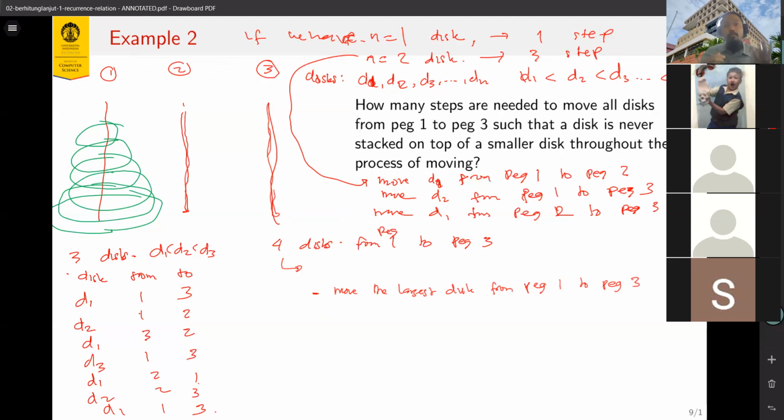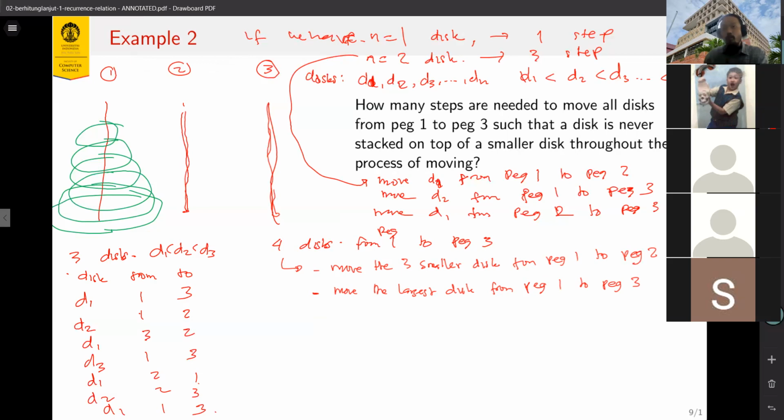We need to stack the remaining in pack 2. Correct. Thank you, Matthew. So we need to move the 3 smaller disks from pack 1 to pack 2, right?